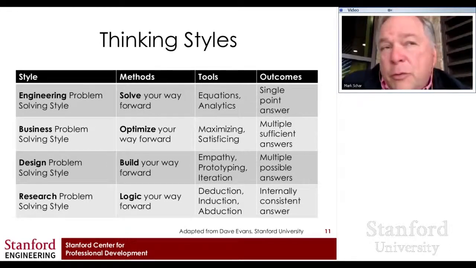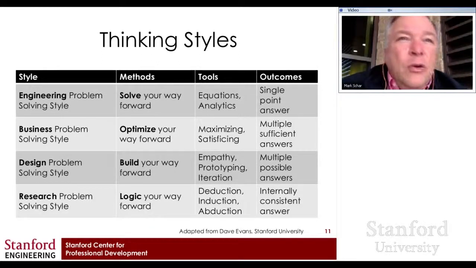There's a third kind of thinking, which we've touched on this morning, and that's what we call design thinking, design problem solving. And we like to think that this is an area where you build your way to a solution. You build your way forward. And as you're familiar with the tools, empathy, prototyping, and iteration, you essentially move between those poles: empathy, understanding what user needs are; prototyping, building at first a simple solution, but it can also be a sophisticated solution; and continually testing and learning.